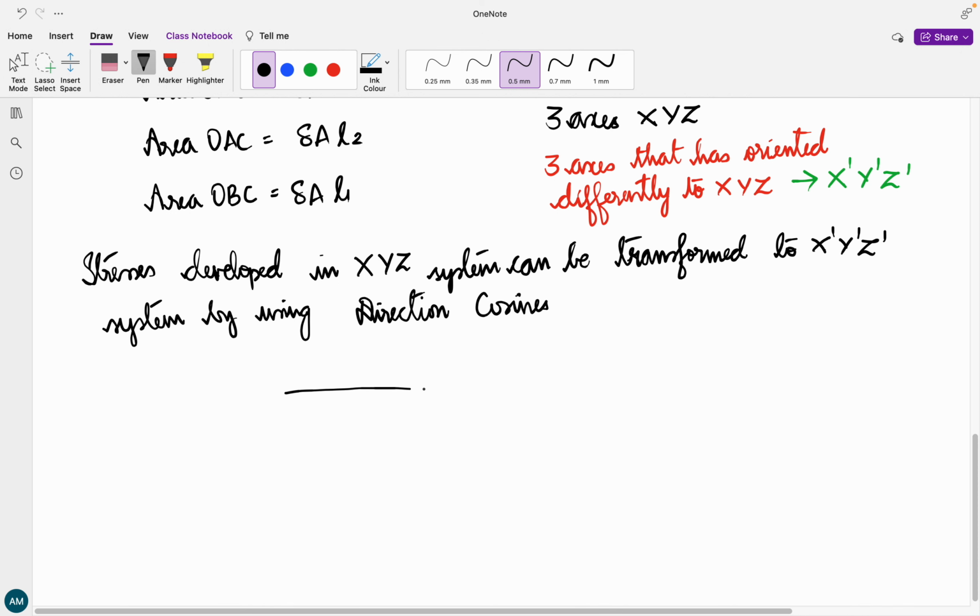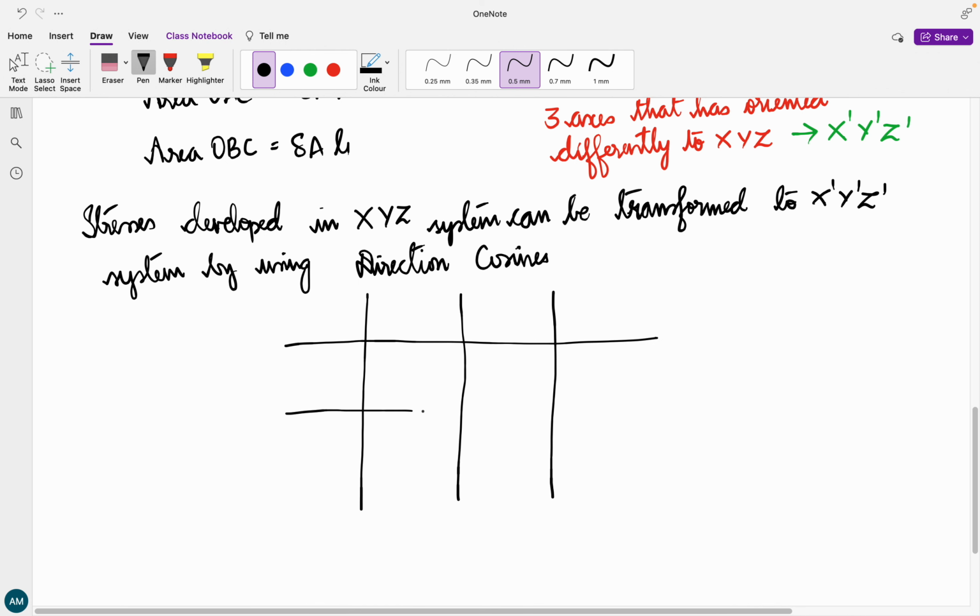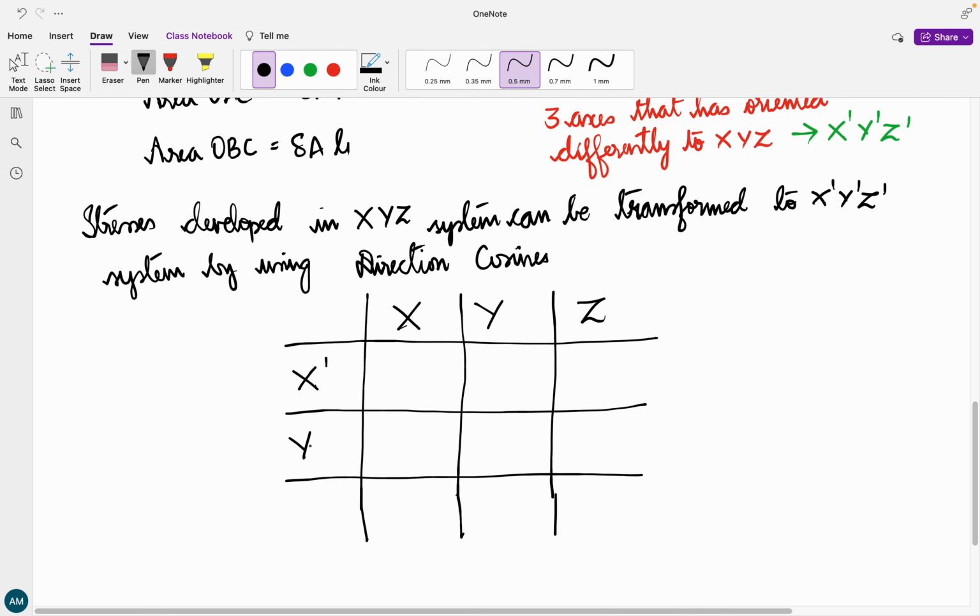I can write a table like this to show the transformation and then the corresponding values of direction cosines. This is x, y, z. This is x dash, y dash, z dash.